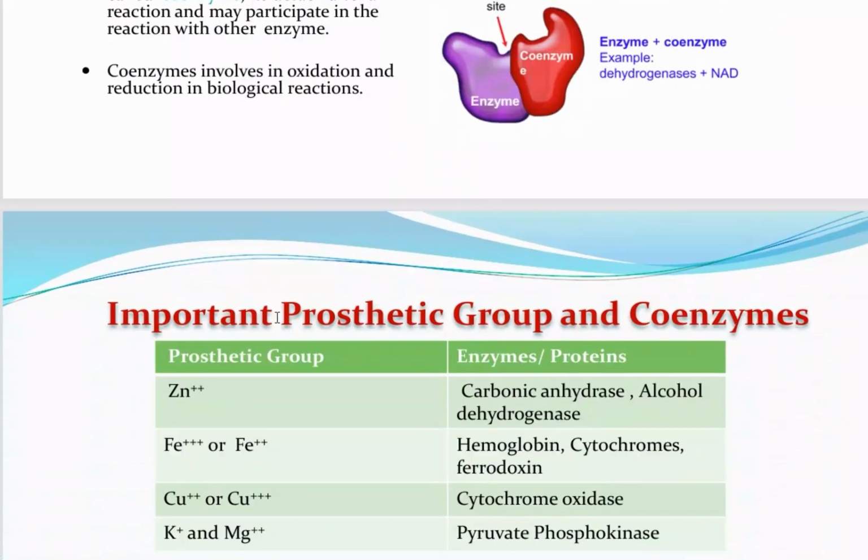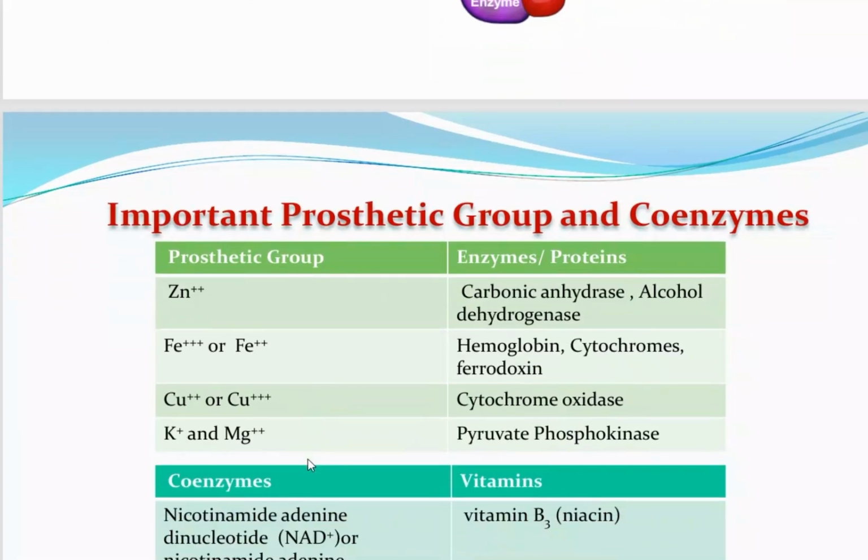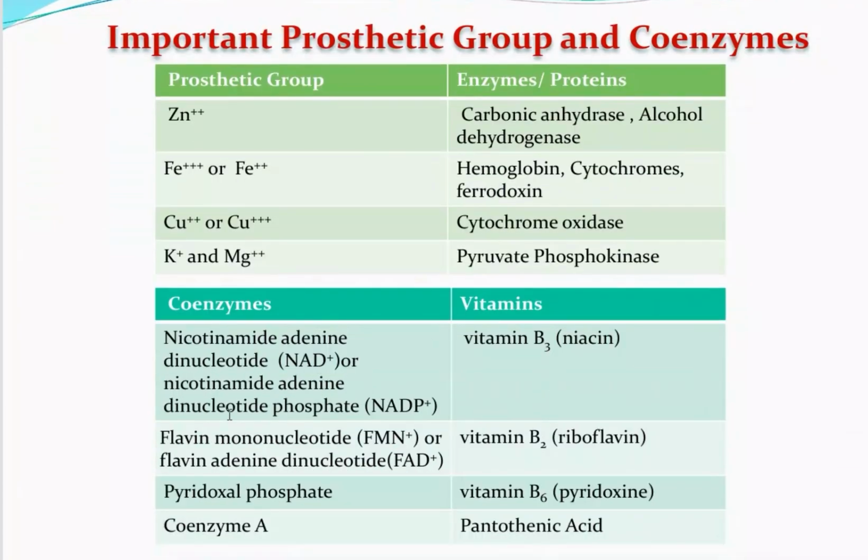Now let's see the important prosthetic groups, like zinc, Zn2+, in the enzymes carbonic anhydrase and alcohol dehydrogenase. These are the enzymes which require prosthetic groups. Fe2+, Fe3+ are in hemoglobin, cytochrome, and ferroxin; Cu2+ in cytochrome oxidase; K+ and Mg2+ in pyruvate kinase, etc. Coenzymes include NAD+, which is derived from vitamin B3, niacin, and flavin mononucleotide FMN or FAD, which are derived from vitamin B2, riboflavin.